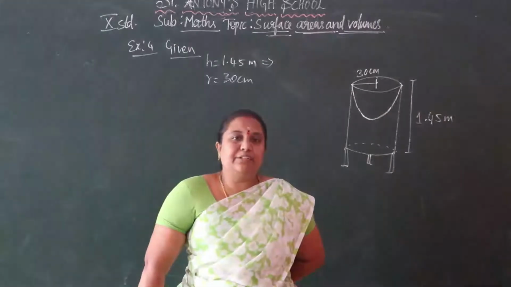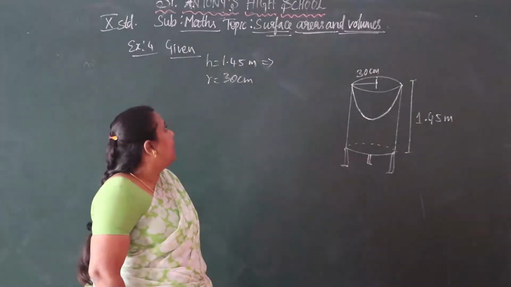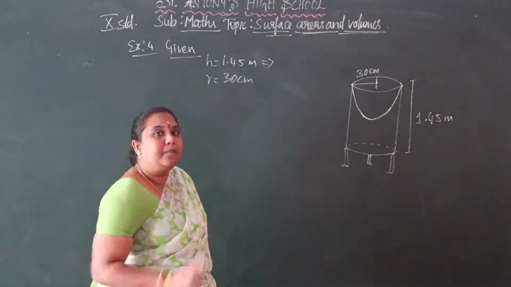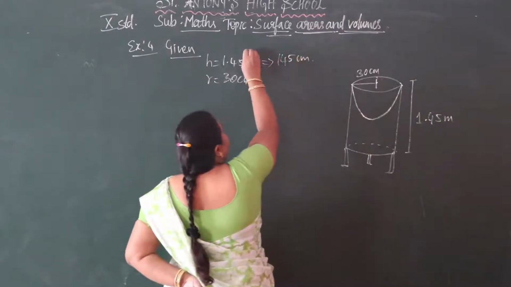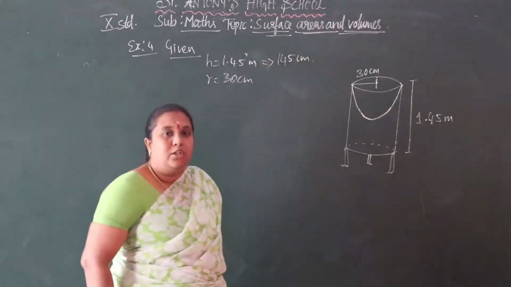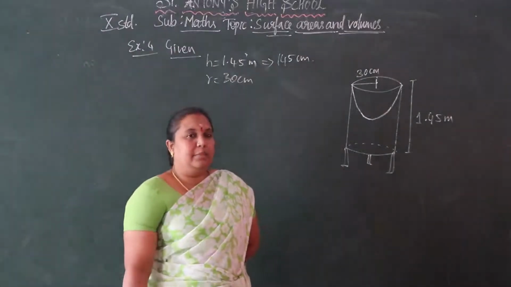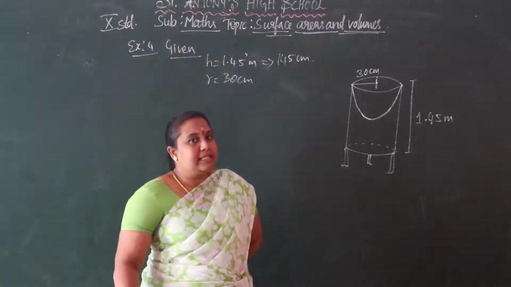We have to convert this into centimeter, that is 145 centimeter. We multiply 1.45 meter by 100. You know, children, how to convert meters into centimeters: 1.45 meter equals 145 centimeter.